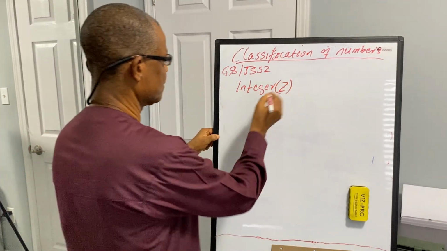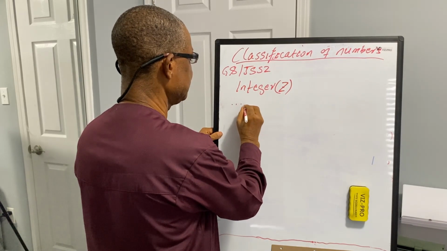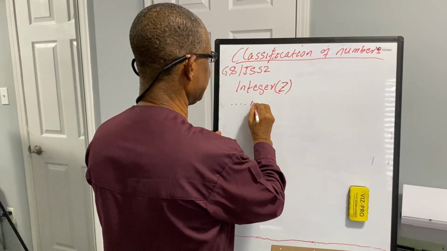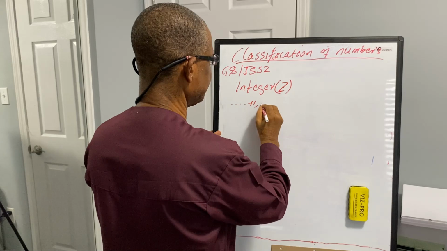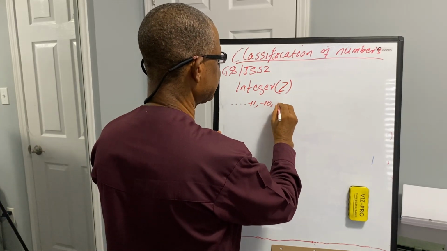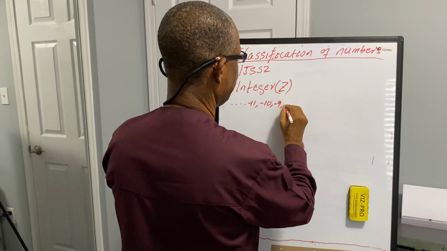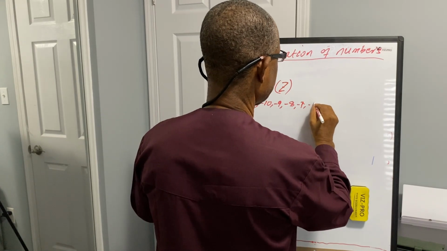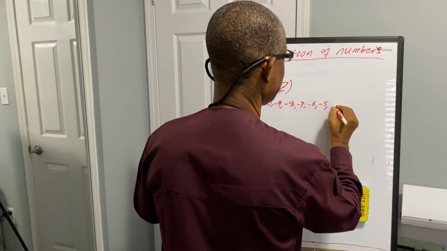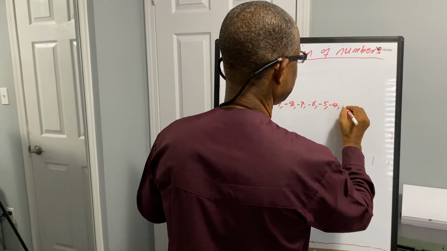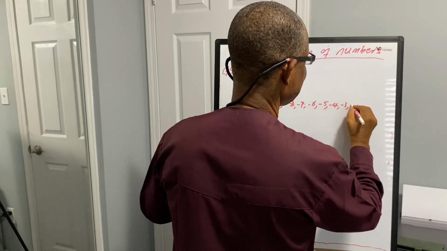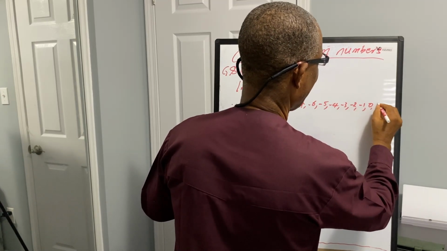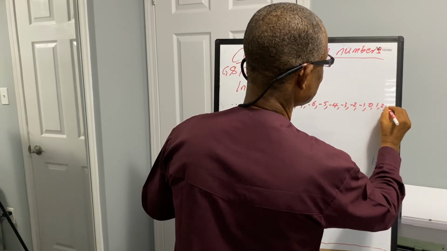What do we mean by that? It is from negative infinity. Let's assume we have minus 11, minus 10, minus 9, minus 8, minus 7, minus 6, minus 5, minus 4, minus 3, minus 2, minus 1, 0, 1, 2, to infinity.